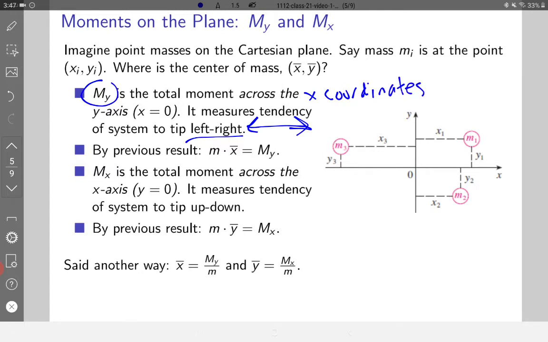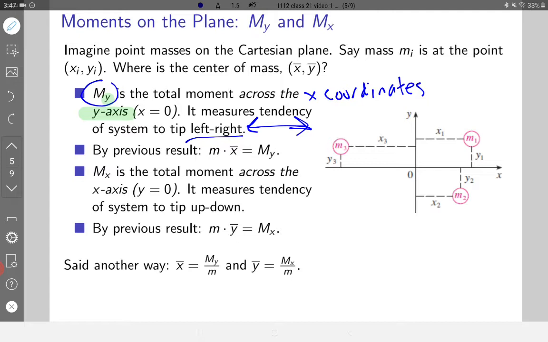Well, I'm using y because we're going to measure that across x equals 0, which is the y-axis. That's why I'm going to use that m sub y, because it's across the y-axis. Imagine that vertical y-axis as the central line that I'm measuring across. Then m sub y, the total moment of the x-coordinates, the tippiness left to right, is across that vertical line.